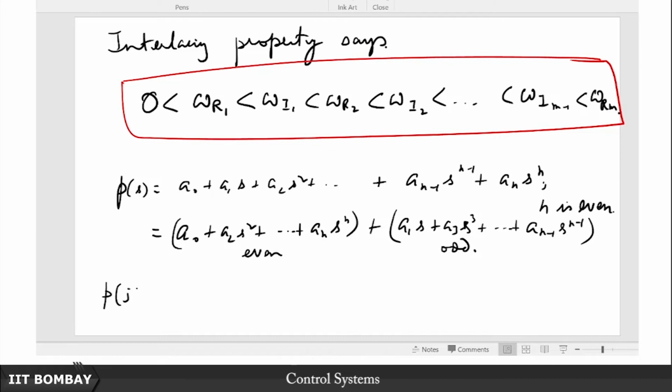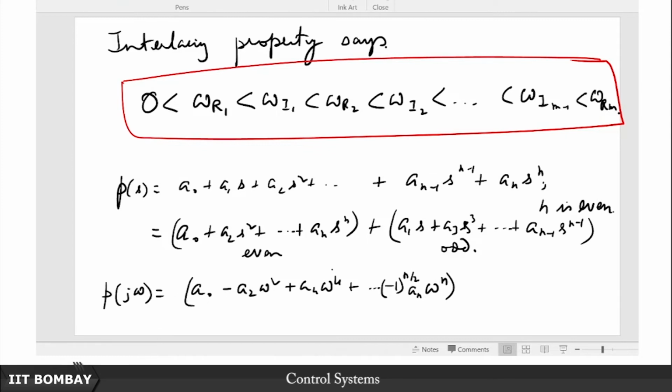Now I pass this through P(j omega) and I see that what this becomes is a0 minus a2 omega squared plus a4 omega to the 4 plus so on, then minus 1 to the power, I think it will be n by 2 if I am not mistaken, omega to the n, an.